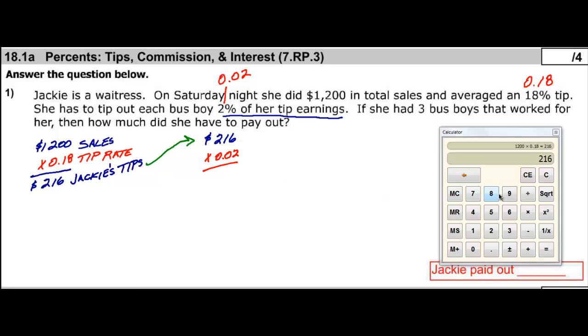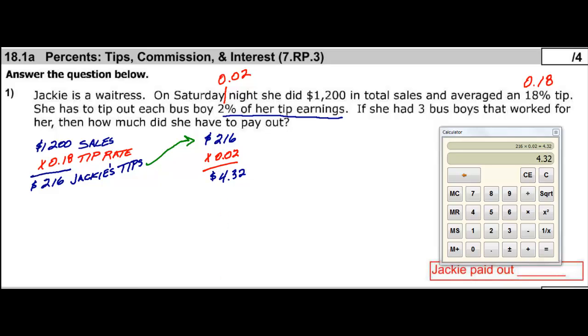So my $216 here, I'm going to multiply it by 0.02. You can see in my calculator, 216 times 0.02. If you can get yourself a calculator that has what's called a 2-line display, that's really helpful, because you get to see what number you put in. And when we do that, we get $4.32.